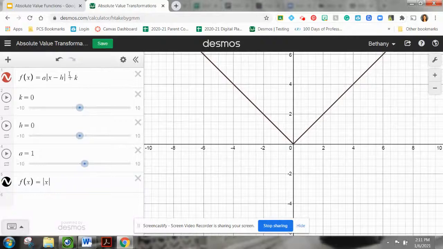The first thing I'm going to do is look at this k value and see what happens if I change k. So I'm going to take my slider and start to change k, and I'm going to make k positive. Well, as I move k up the slider, my graph shifted up.